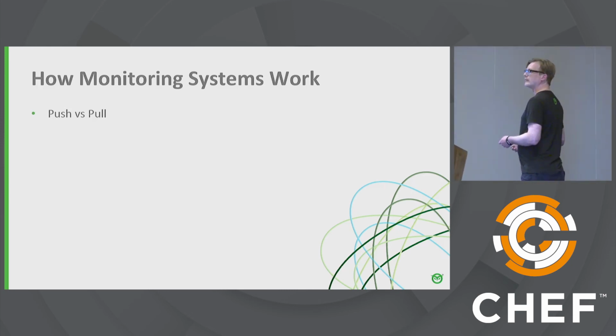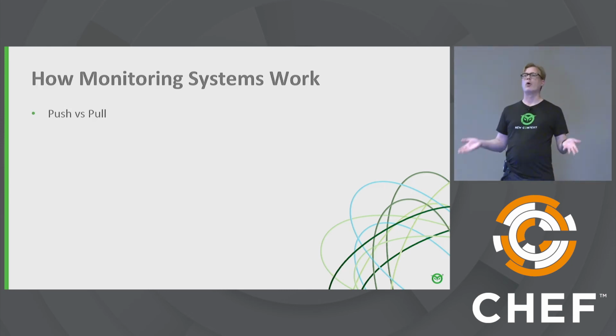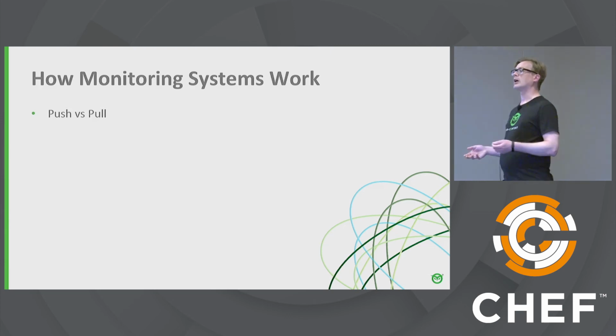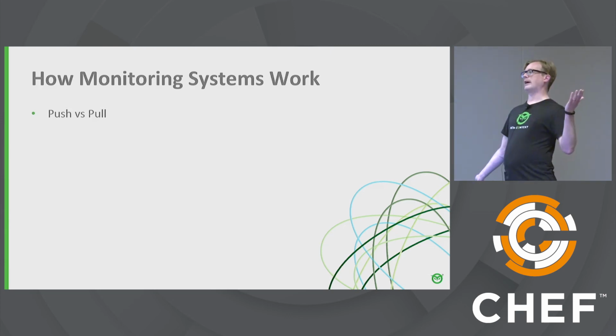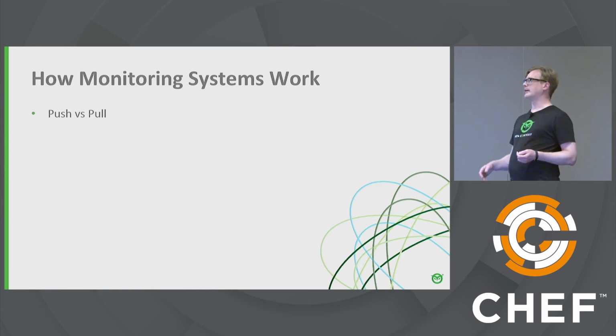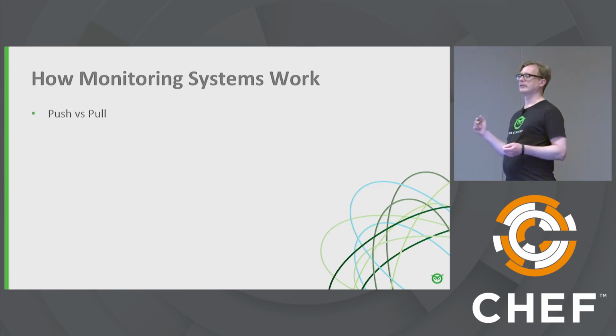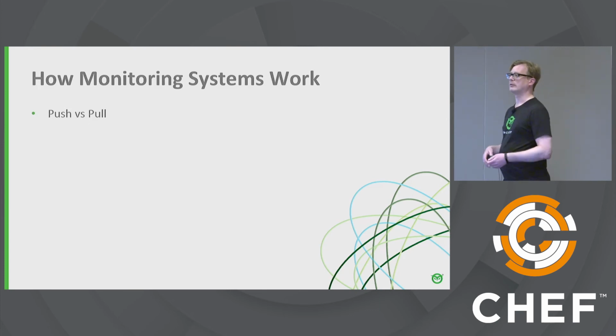And a pull-based system means that the monitoring system is polling. So this is more common. You'll have a monitoring system and it has a list of 1,000 servers or something like that, and it's sending out a predefined list of queries to all of these servers and gathering all this information. There's a polling loop. Often it's parallelized as well. But in general, the more servers you have, the longer it takes to collect a single snapshot of information.